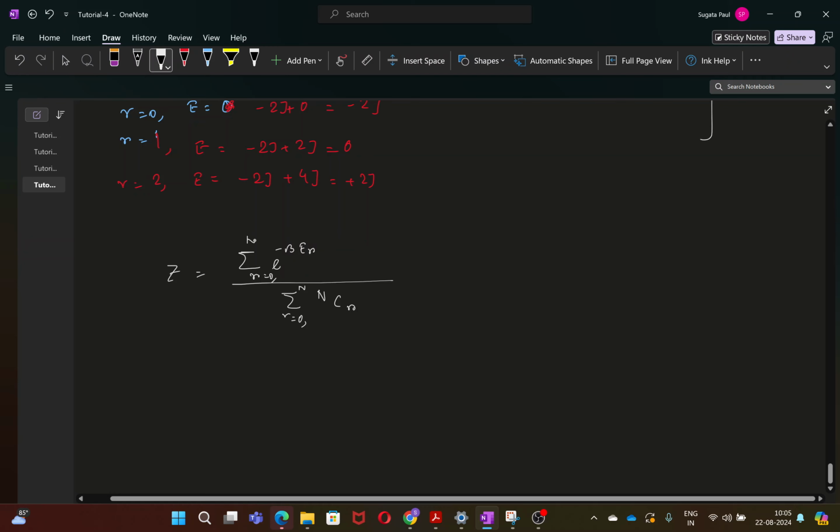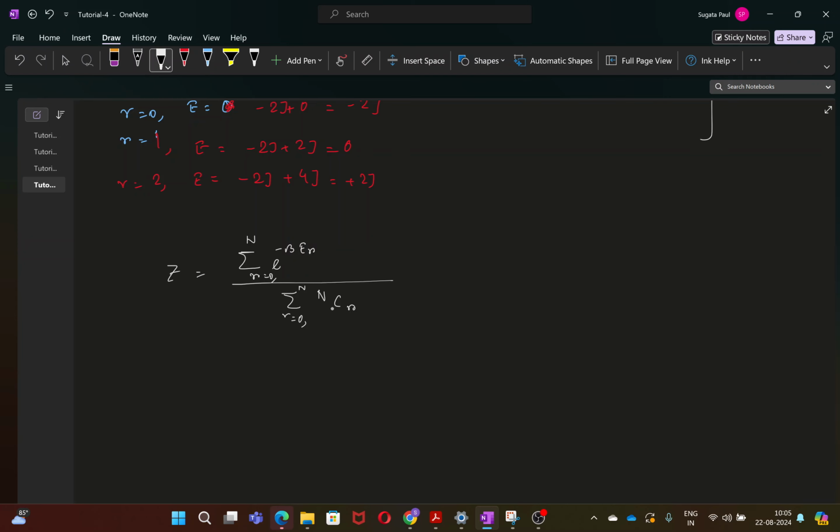Here also R is from 0 to n. So this is the combination values for all the possible number of energy states that you are dividing by in the denominator, and that is the idea.